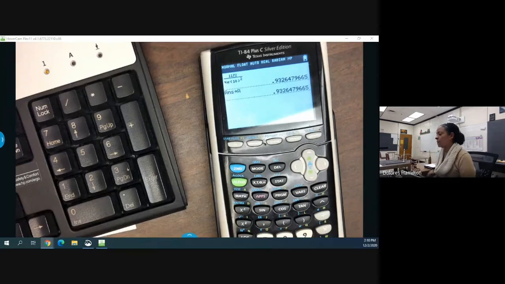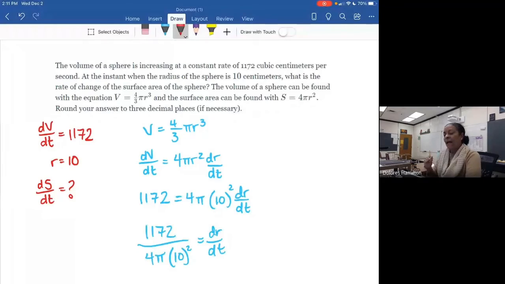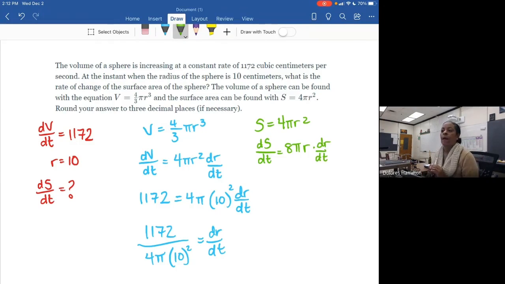So now we're going to go back to that problem, and we're going to introduce the surface area equation. We know that S equals 4 pi r squared, so now we're going to implicitly derive that with respect to time. And we end up with dS dt equals 8 pi r dr dt, which when we plug in r and the dr dt should look like that.